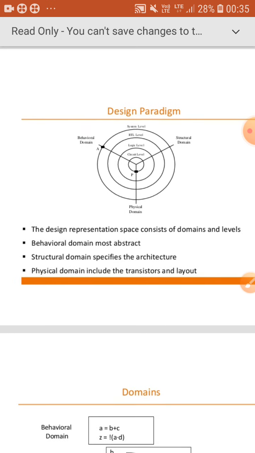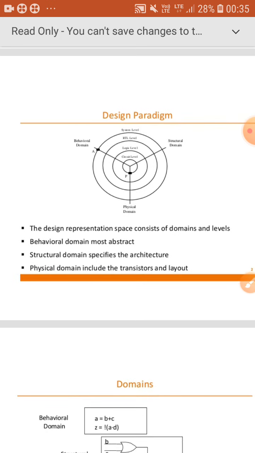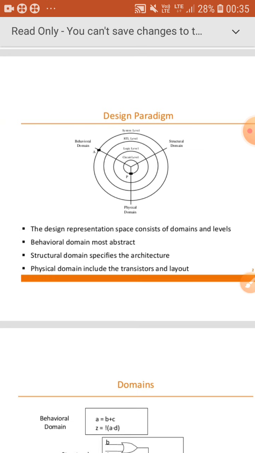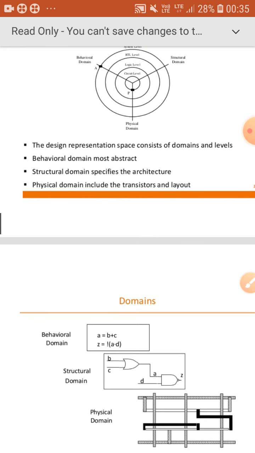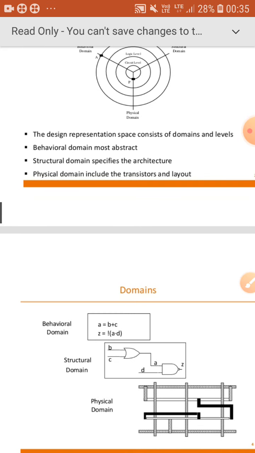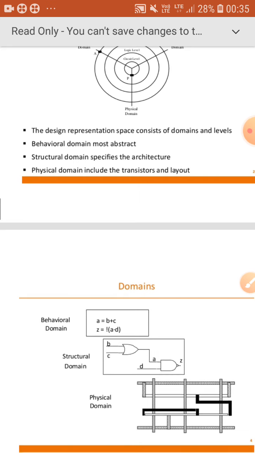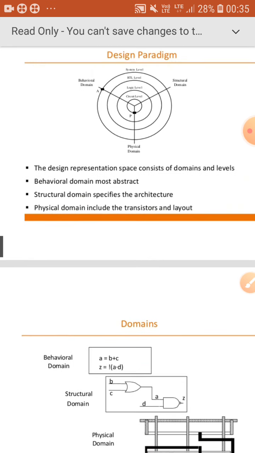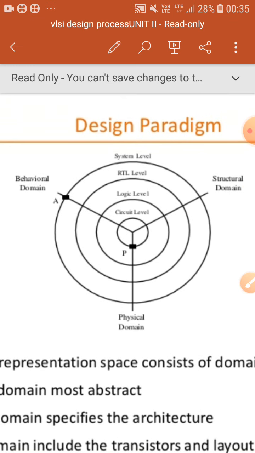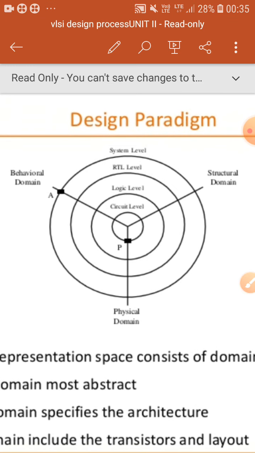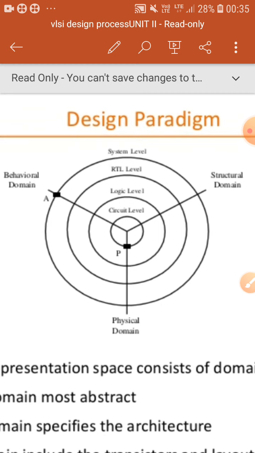Next, in the VLSI design process there are three types of modeling. One is behavioral modeling, second is structural modeling, and third is physical modeling. In each domain we have different levels of abstraction.